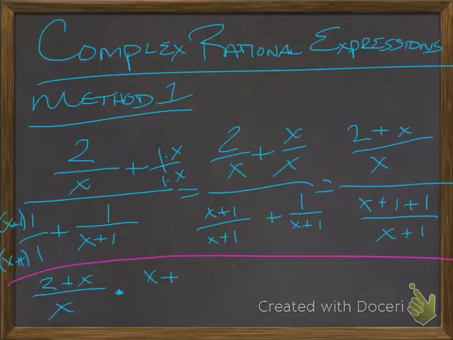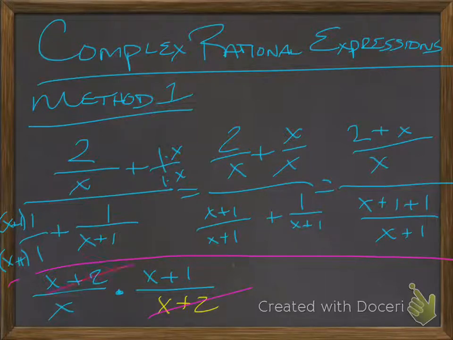So I have x plus 1 over, and then the denominator, these two combine, and that's going to become x plus 2. Now notice this 2 plus x is also going to be x plus 2. I'm going to rearrange that. So now, because they're multiplying, I can cancel these two out, and I'm left with x plus 1 over x.